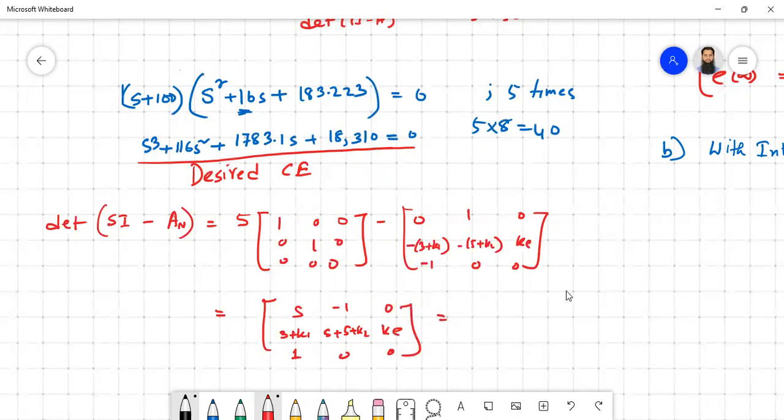So the determinant of this one will be s times s into s plus 5 plus K2, plus 1 into s into 3 plus K1, plus K, should be equal to 0.